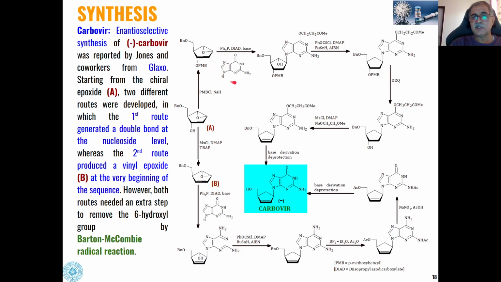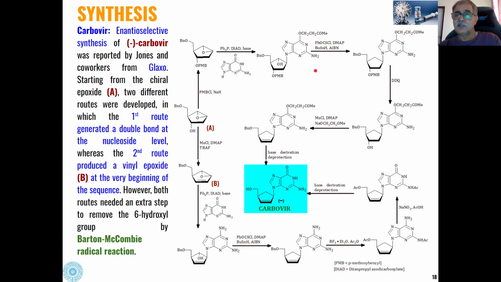When this is reacted with this base in presence of triphenylphosphine and iodine, we will have the ring opening. This will attack at this position, and this will become OH, as you can see over here.